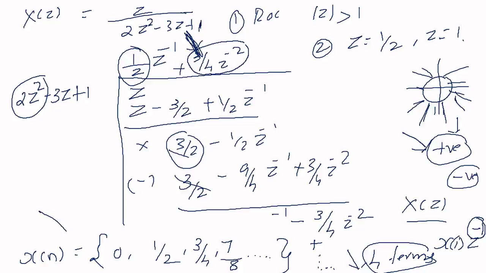So this is x of n now. What is the origin here? The origin is this one. Okay, so this is how to do this particular problem.